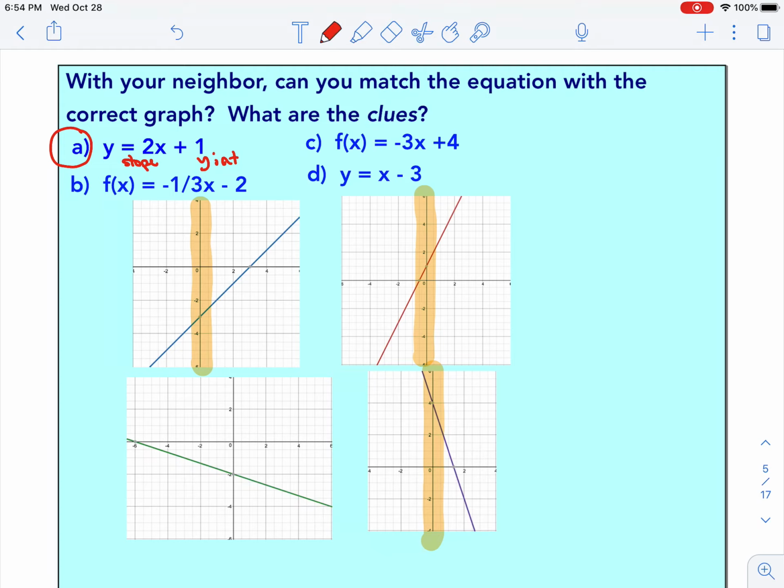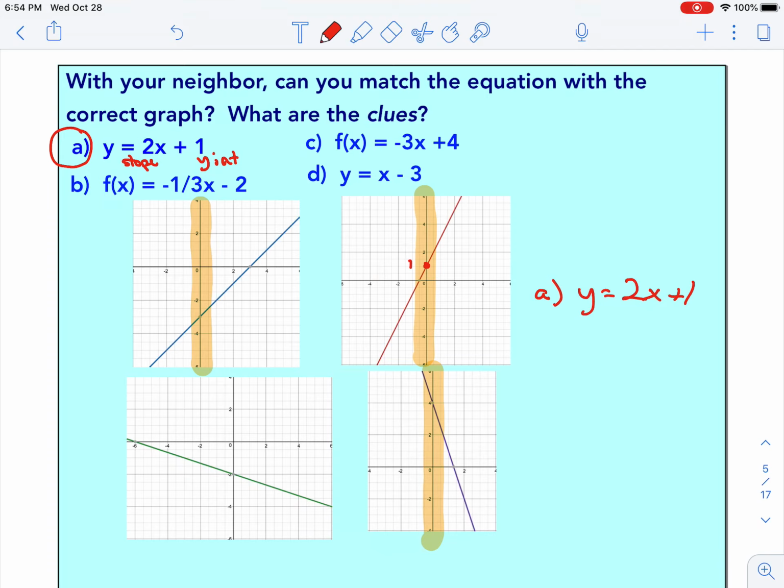And if you look at this, there is only one graph that crosses the y-axis at 1. So that is really all we need to know, that this is graph A, or y equals 2x plus 1. So even if you just look at that clue for this particular one, then you will see that.